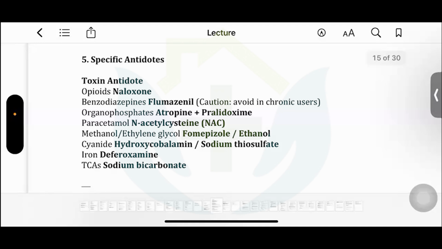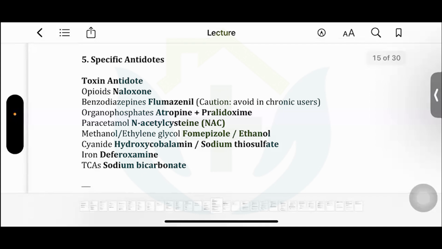For methanol and ethylene glycol, either using fomepizole, which is an alcohol dehydrogenase inhibitor, or ethanol itself can be given to tide over the situation. As far as cyanide is concerned, hydroxocobalamin or sodium thiosulfate can be used.